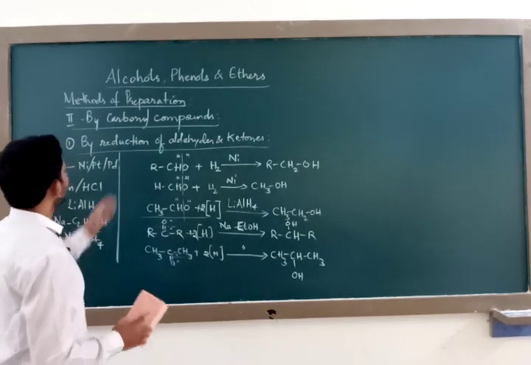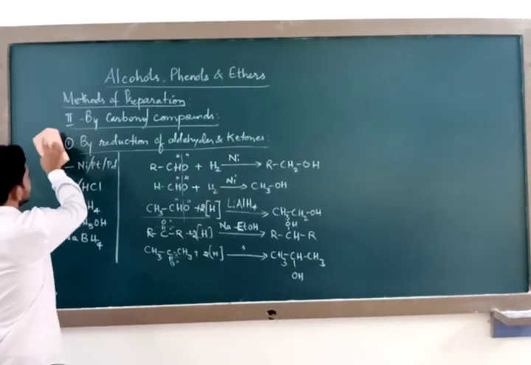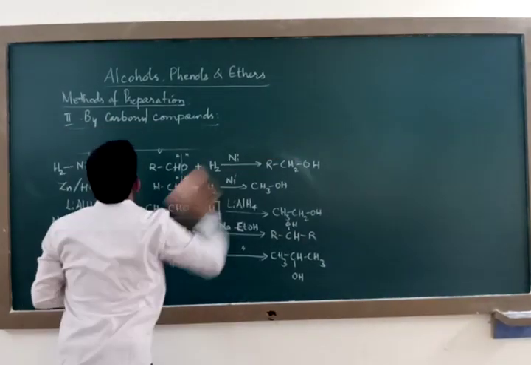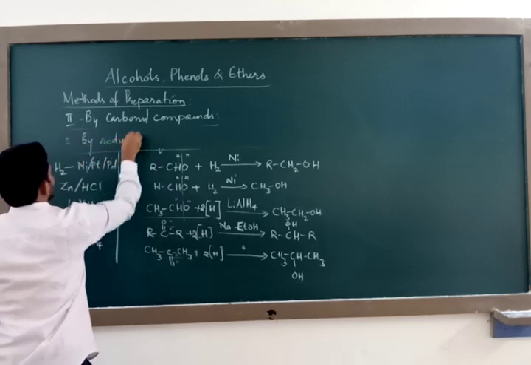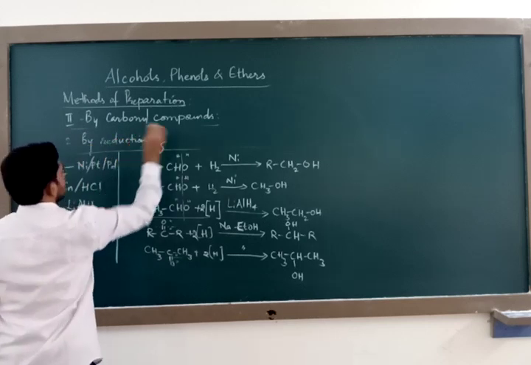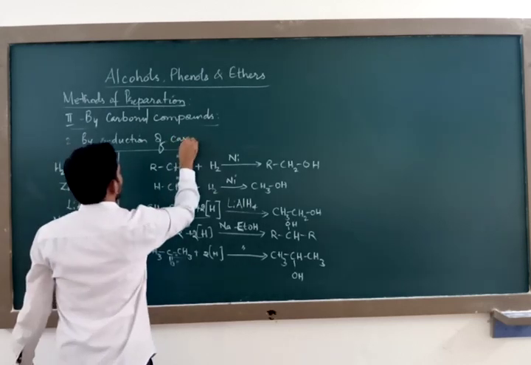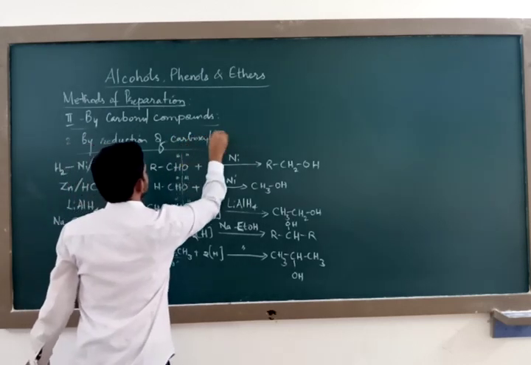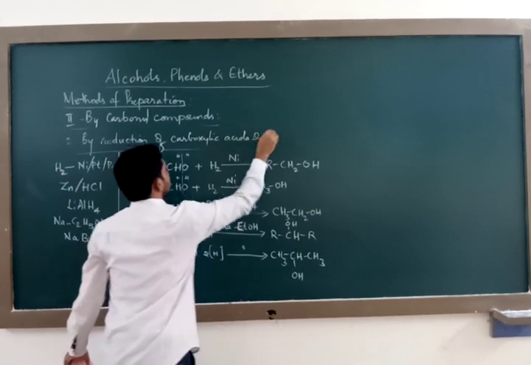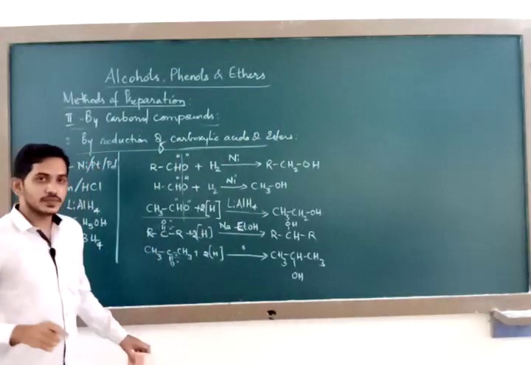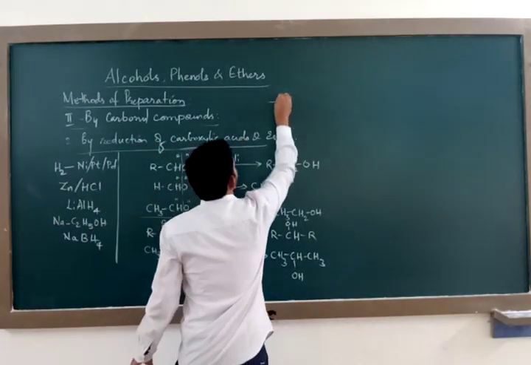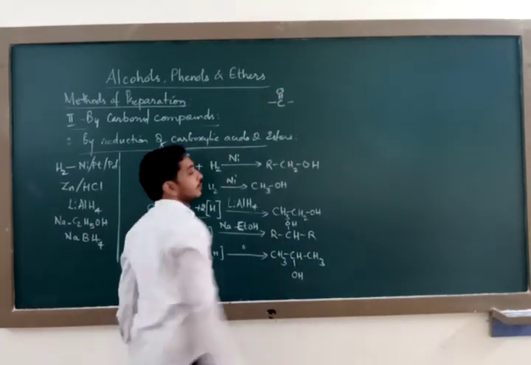Now this was one method under carbonyl compounds. Let us see the second method, by reduction of carboxylic acids and esters. I did tell you that carbonyl compounds are those which contain the C double bond O group in them.